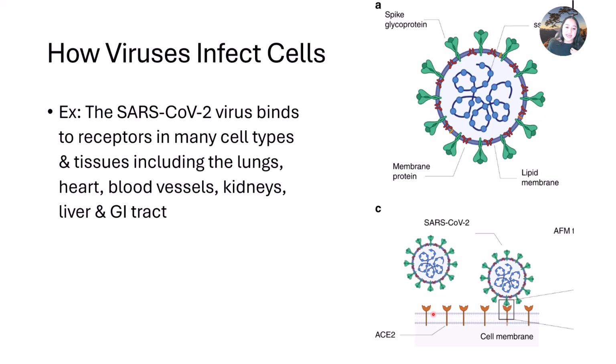This is called the ACE2 receptor, and these receptors are found in the lungs, heart, blood vessels, kidneys, liver, and GI tract. Different cell types in these areas have these receptors, and that's why you get certain symptoms, because those are the cells that get infected, especially the respiratory system in the lungs.